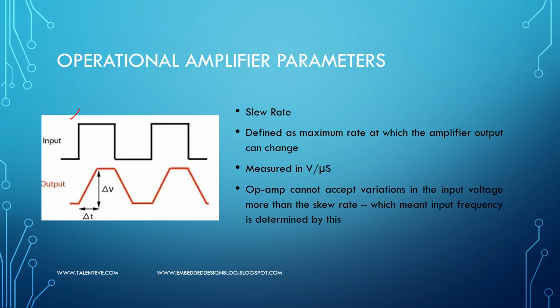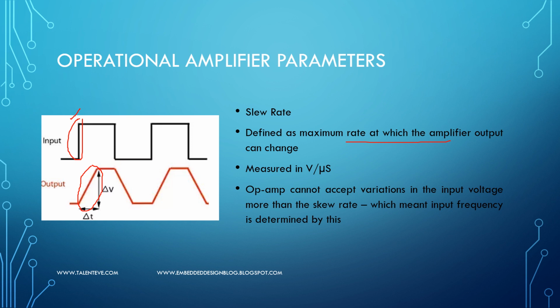So there is some slope associated with a sudden step change here. This sudden step change cannot be achieved at the output directly. There is a gradual variation seen at the output rather than a sudden step change. This variation, the maximum rate at which the amplifier output can change, is called the slew rate of the operational amplifier. Slew rate is defined in volts per microsecond.